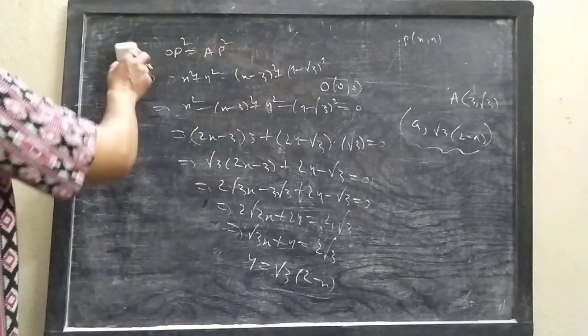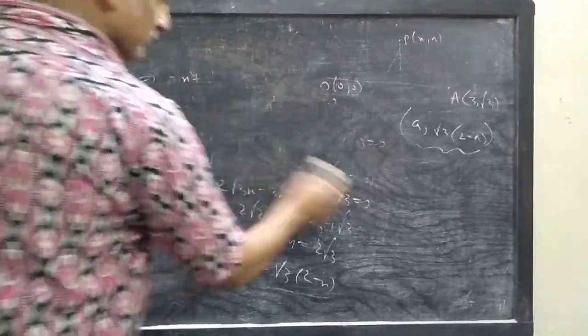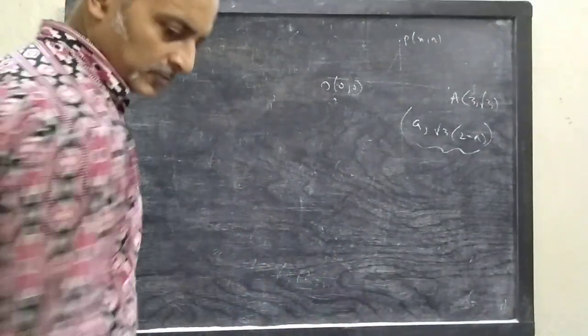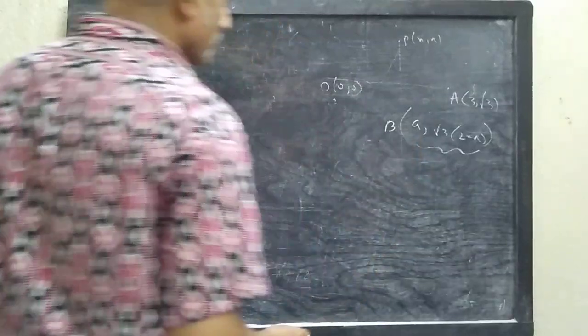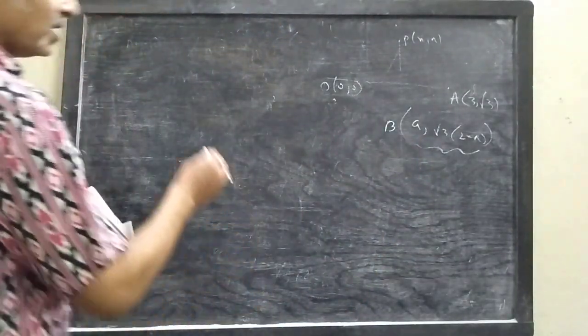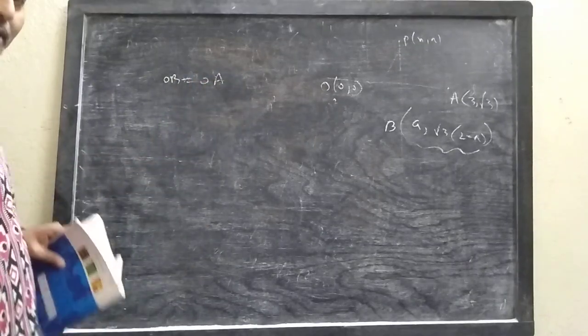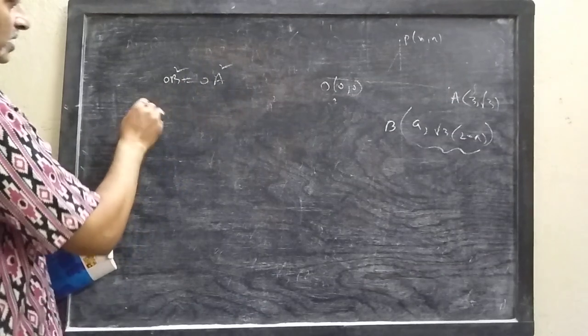Now if this is the third vertex, say B, then we must have OB equals OA, because all the three sides are equal. Now OB square equals OA square.